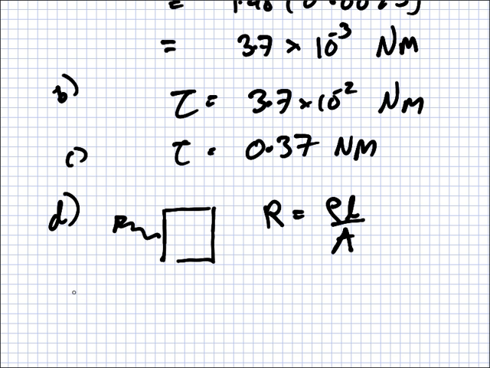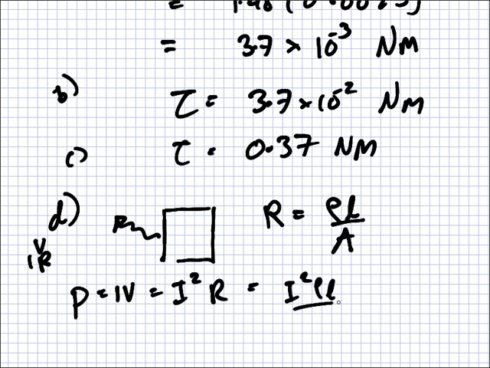Well, if I have my VIR triangle, power equals IV, but V is equal to IR. So this is equal to I squared R, which is equal to I squared rho L over A.